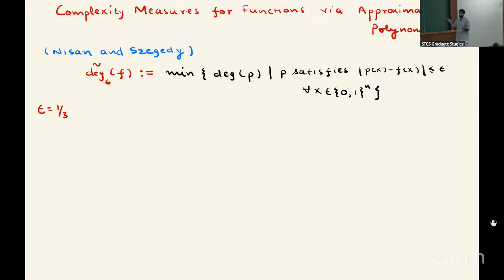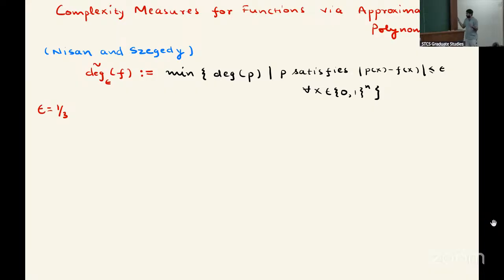They define this notion of approximate degree, where you look at all the possible polynomials which approximate your function within a small error, for example within an epsilon error. Then among all the polynomials which approximate your function, you choose the one which has minimum degree. That will be the approximate degree of your function.